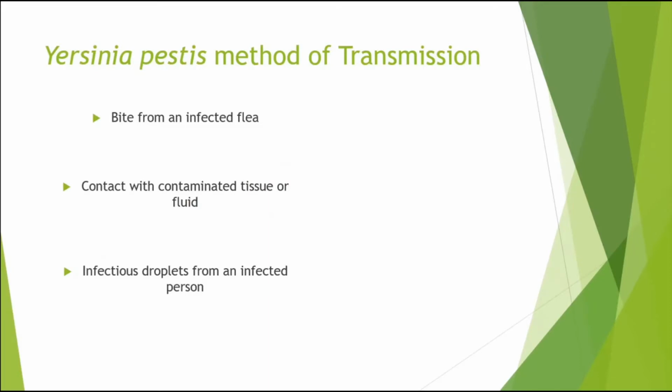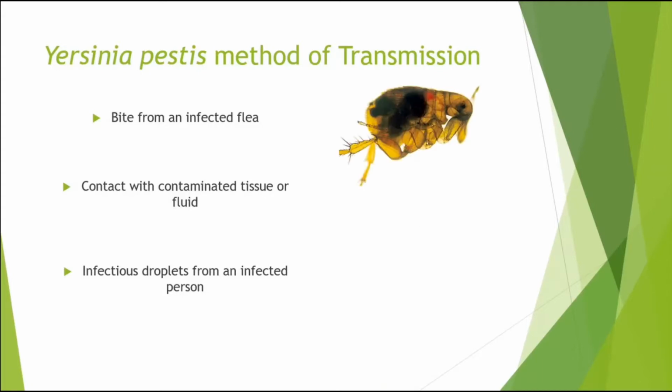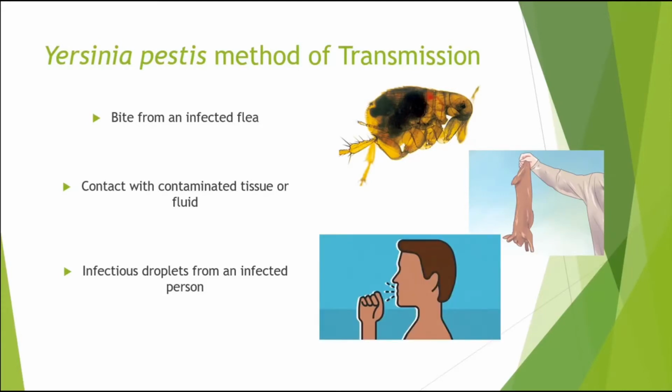In general, the plague bacteria can be transmitted to humans through bites from an infected flea, through contact with contaminated tissue or fluid, such as a hunter skinning an infected animal without any protective gear, or infectious droplets from an infectious person's cough. But in the case of the US, infectious droplet contamination has never occurred, but it is more common in developing countries.